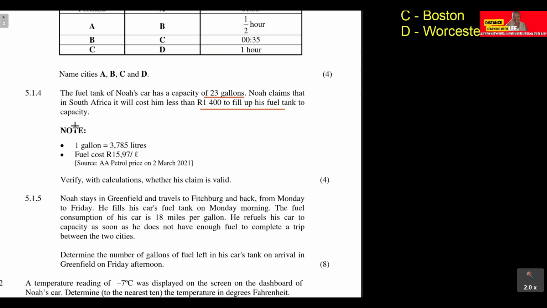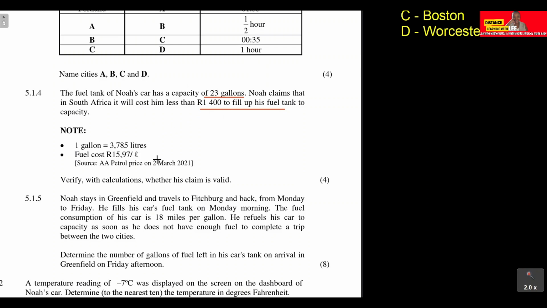So this is his fuel tank. It can hold 23 gallons, and he is claiming that it'll cost him less than 1,400 to fill it up. All we need to do is take these 23 gallons and convert them to liters.